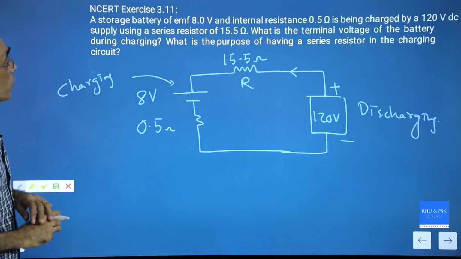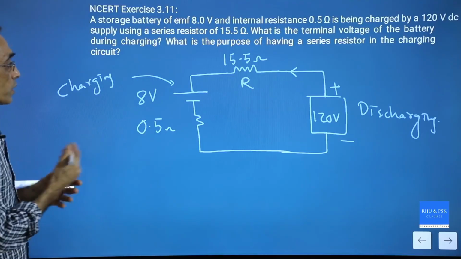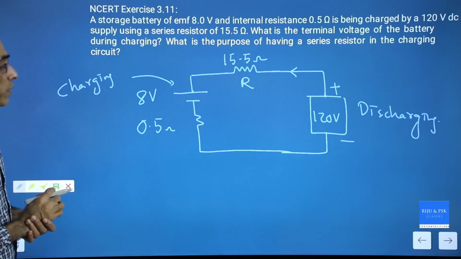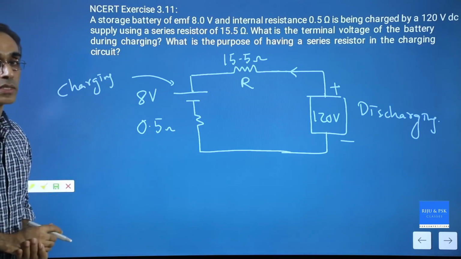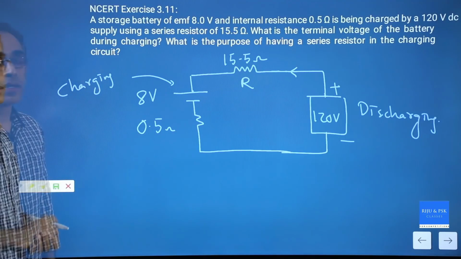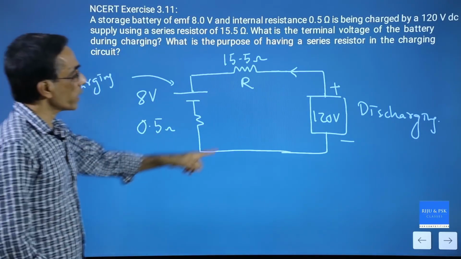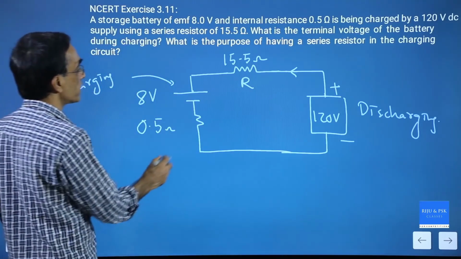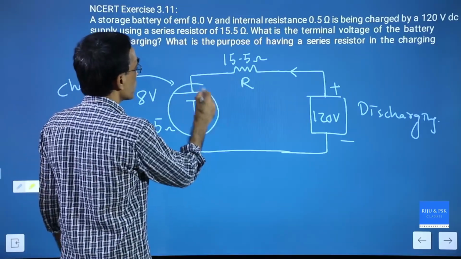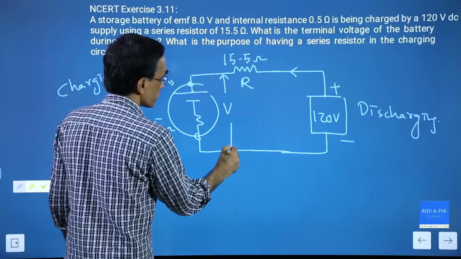What is the terminal voltage of the battery during charging? That's what is asked. How do we find the current in the circuit? How do we find the terminal voltage here? That's our task. So this is the whole setup of this question. Now you are giving 120 volt here, and what is the terminal voltage available? This is the terminal of the cell, and you need to find out this voltage.